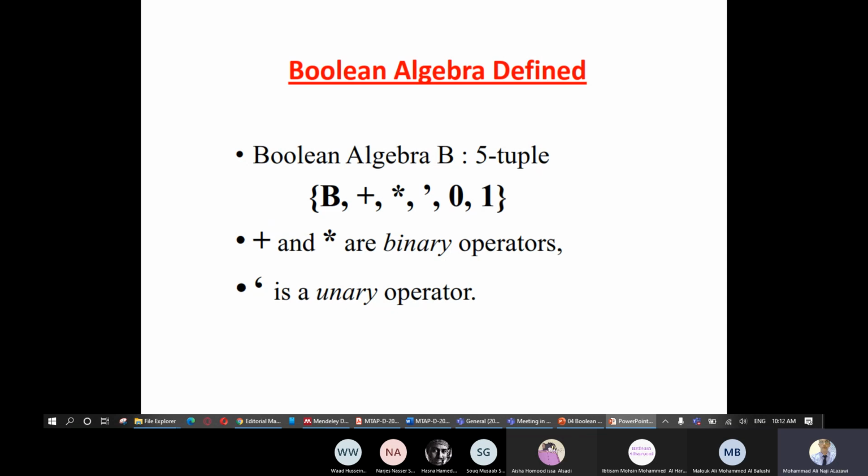We talked also about Boolean algebra, and we said it's a 5-tuple. 5-tuple means 5 elements: the set B, plus, which you have to remember is an additive operation, not addition, and dot or asterisk, which is the multiplicative operation, the complement, the 0 and the 1. If you go back and check our previous discussion, you will find that I compare this with decimal numbers also.